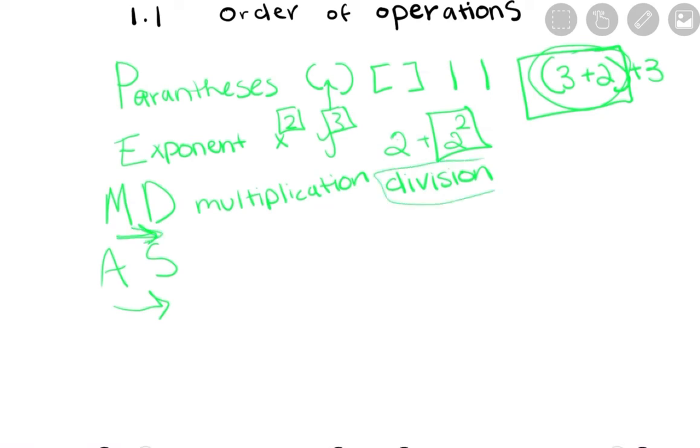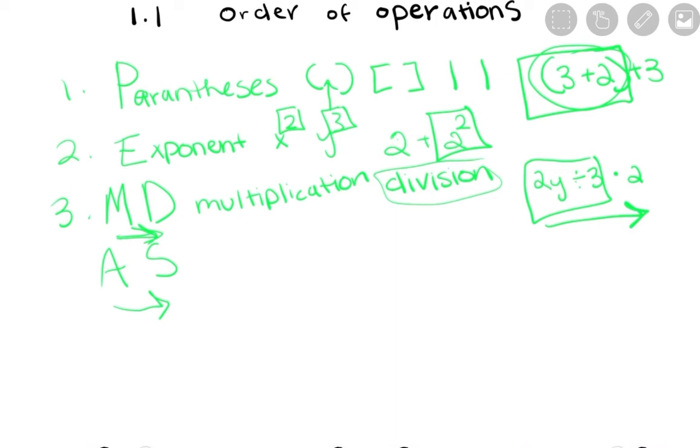So if division is before multiplication from left to right, then we're going to do division first. So they are equal. If this is the first step, this is the second step, they're both going to be the third step. So if the equation said 2y divided by 3 times 2, we're going to do this first because division comes before multiplication when we're moving from left to right.